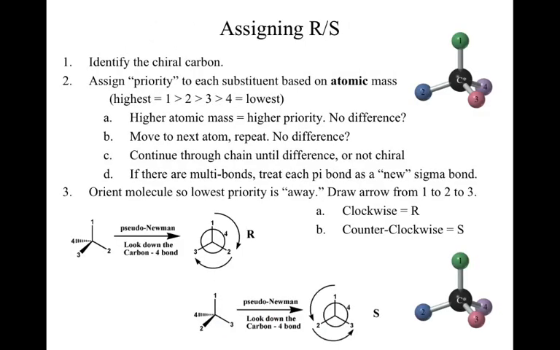Okay, to do that, we have to look at our rules. So, identify your chiral atom, which means an atom with 4 different things attached, or distinguishable things. Assign your priorities, 1 through 4. Okay. Here's where that priority ranking comes in really, really important. You must orient the molecule so that the lowest priority is aimed away from you.